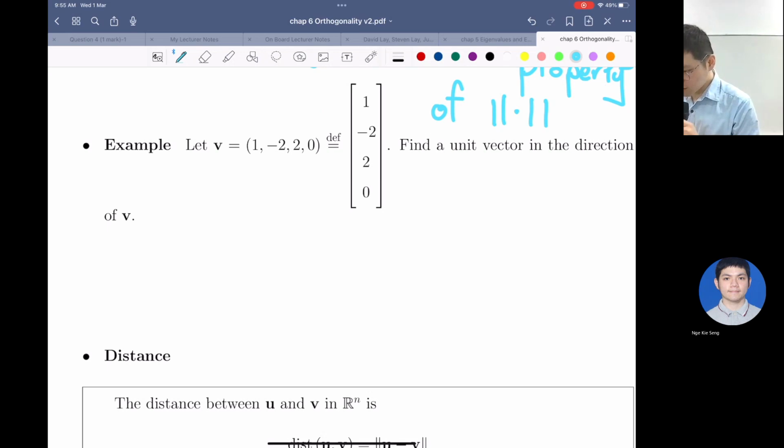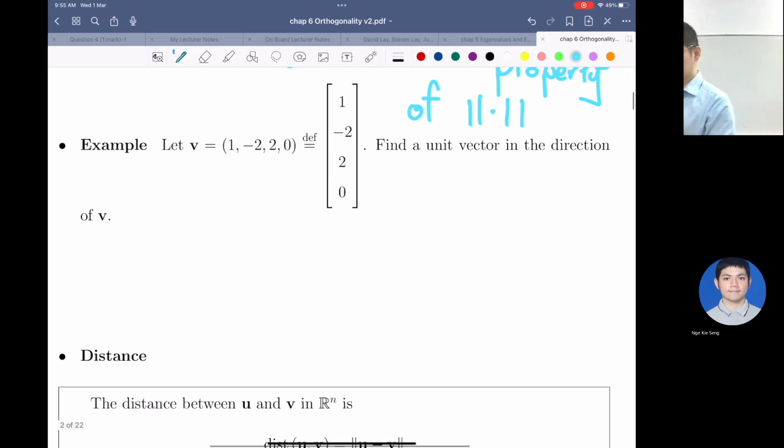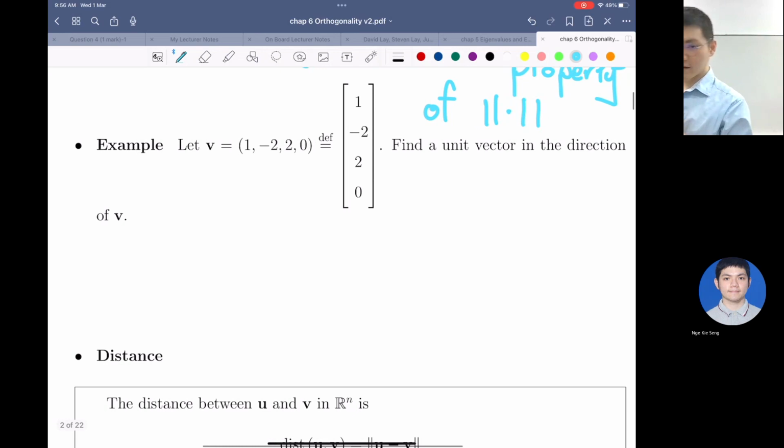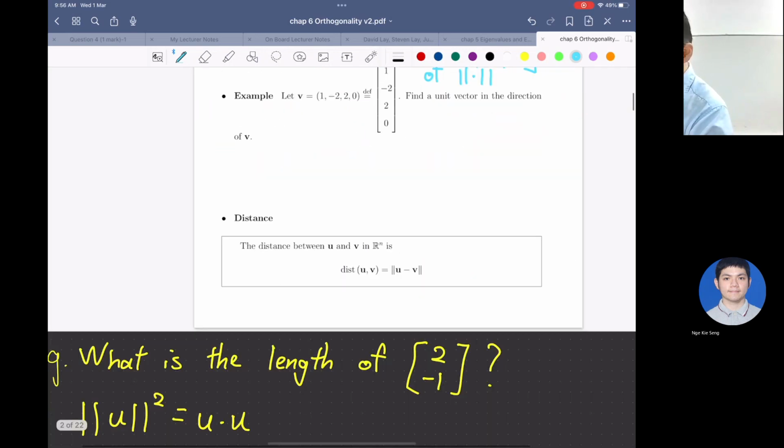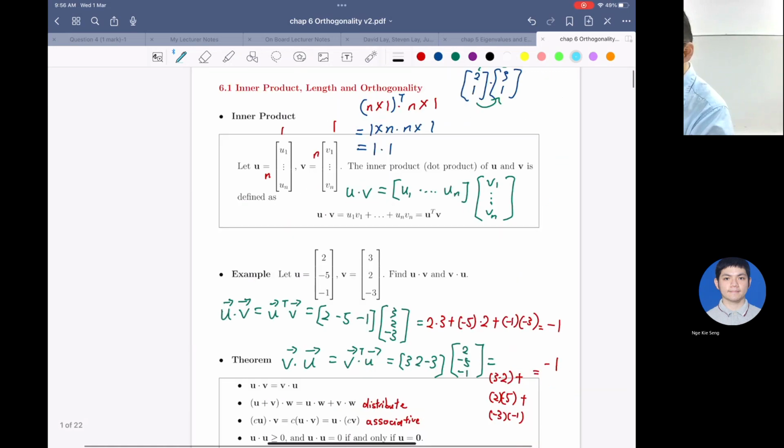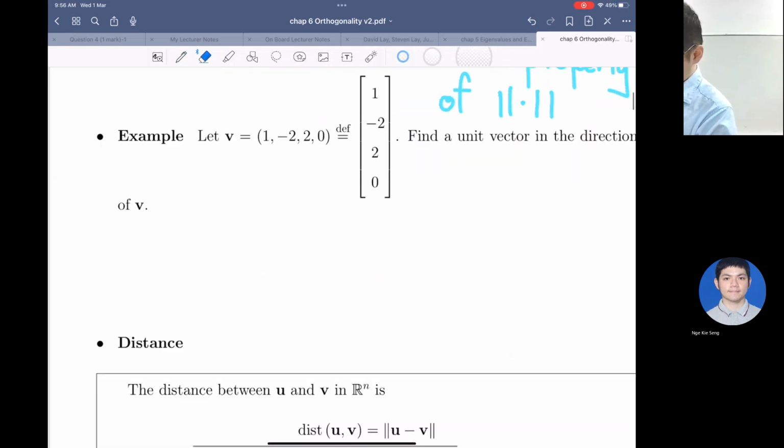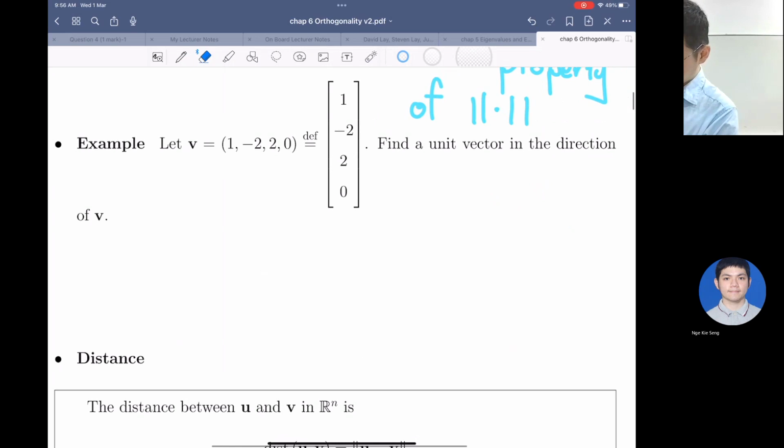So let's have this vector here. And then we want to find a unit vector. So what's a unit vector? I should define it first.